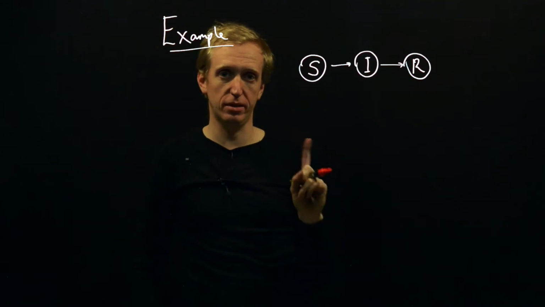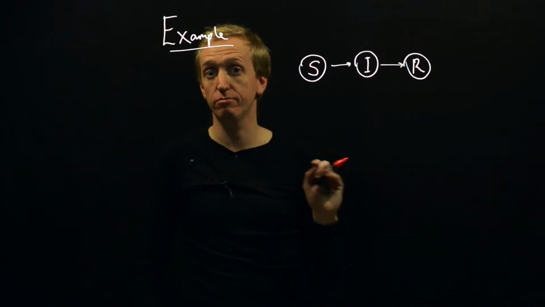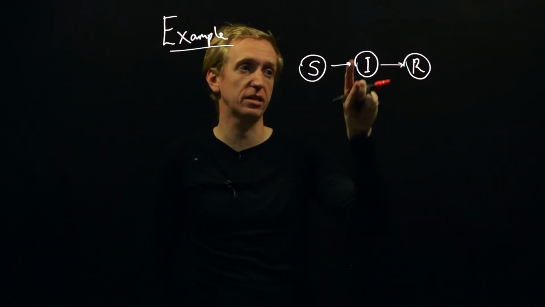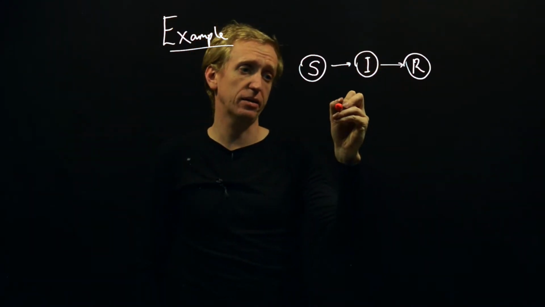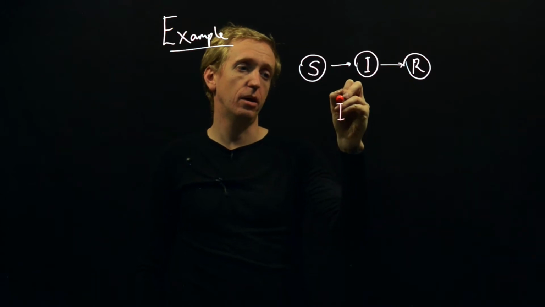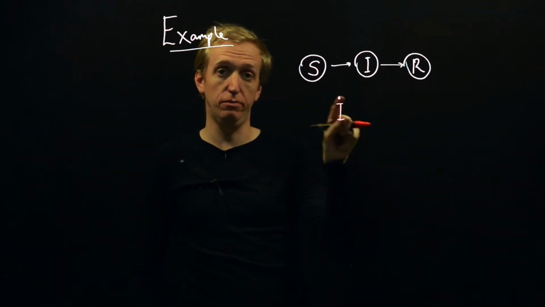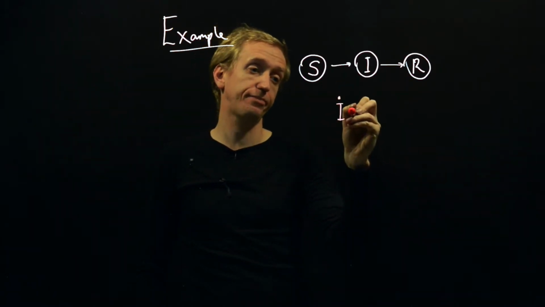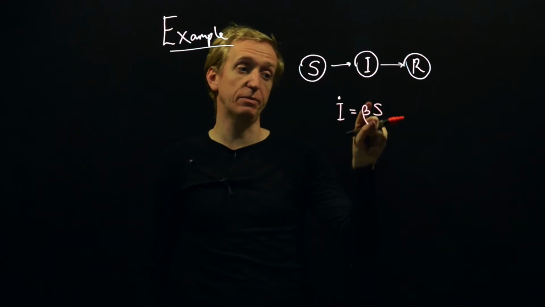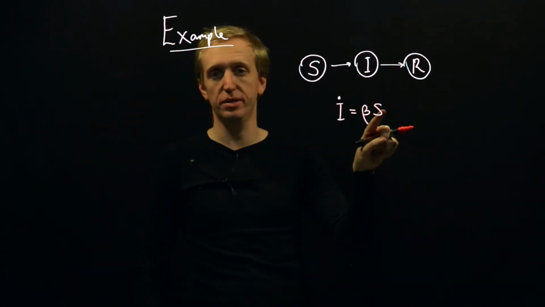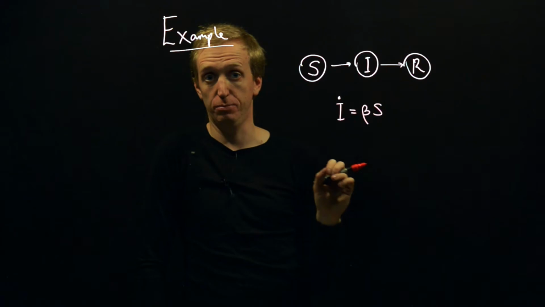For our purposes, one equation is particularly important, the one that governs the size of the infectious population. That equation is I dot, the rate of change of the infectious population over time, equal to beta, and then we have a product: the size of the susceptible population, and then normally you put the size of the infectious population in here.